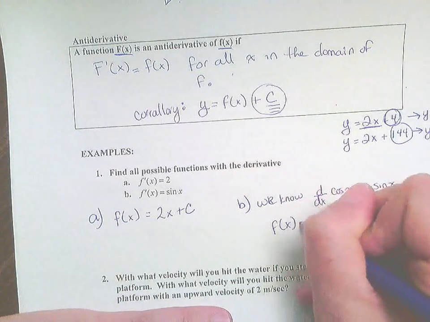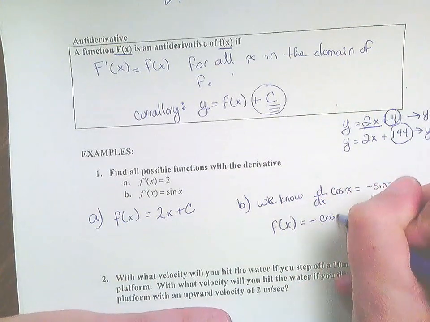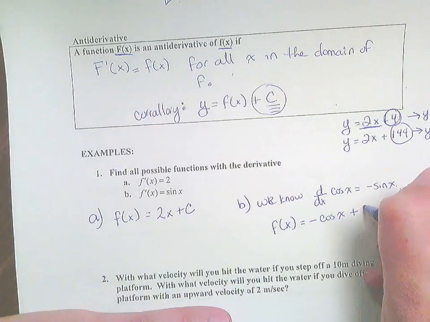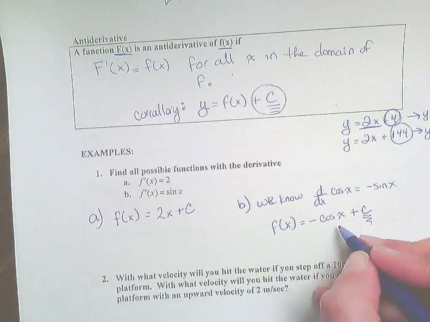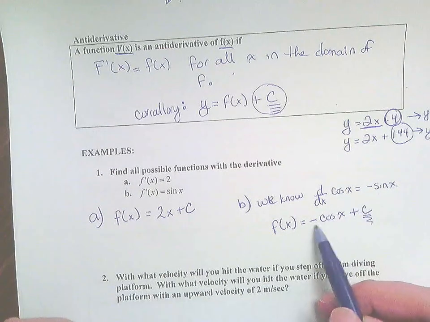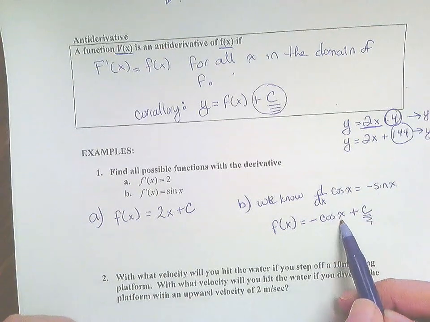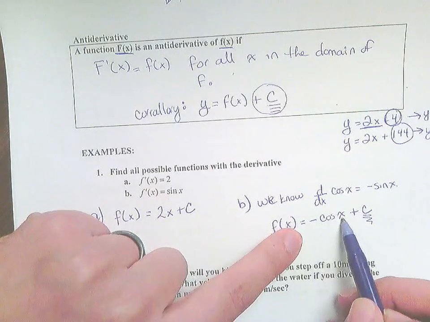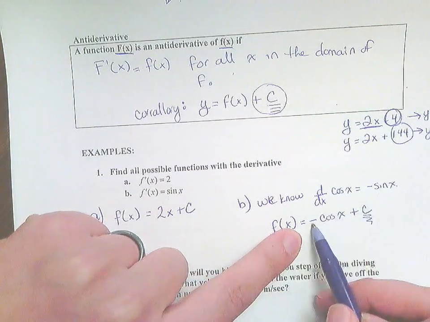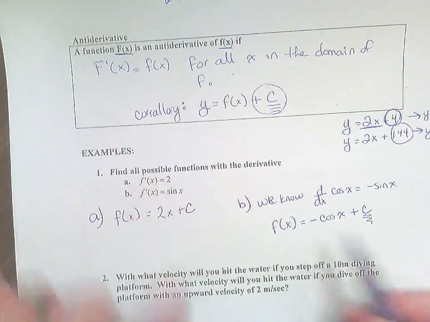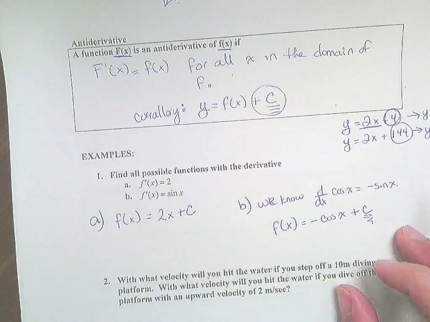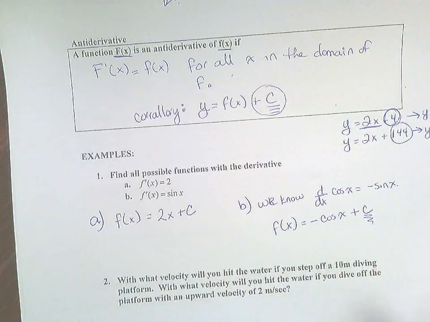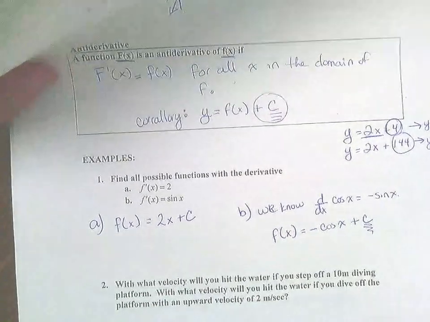So f of x is negative cosine of x plus c. Okay, don't forget that plus c, and then you can check yourself. So what is the derivative of negative cosine of x? Alright, well the derivative of cosine of x is negative sine of x, times another negative is sine of x. So we're going to stick with the easy problems for finding the antiderivatives, but it is very important that you get them correct.